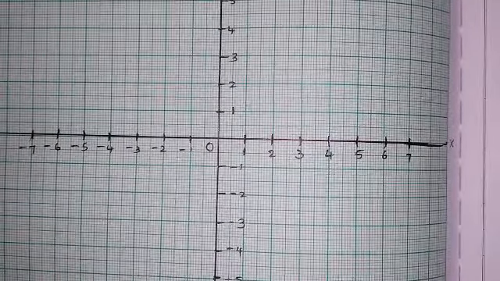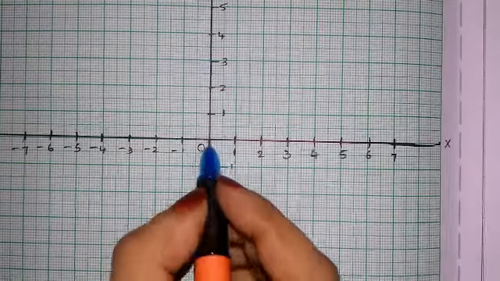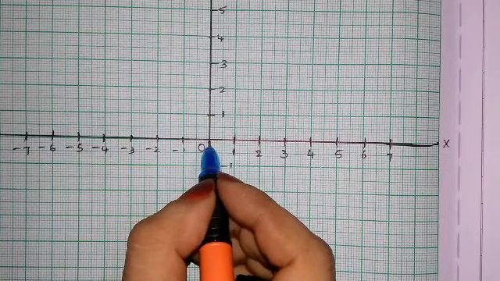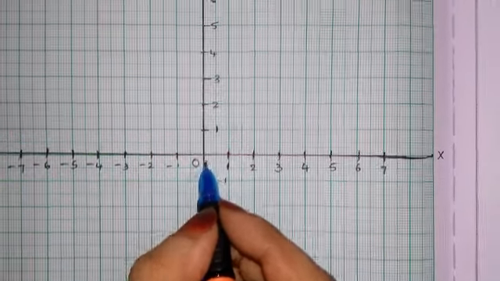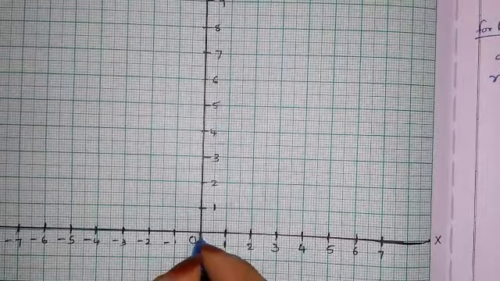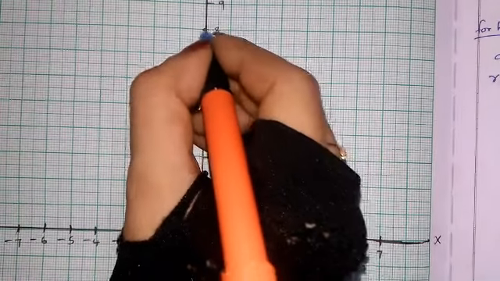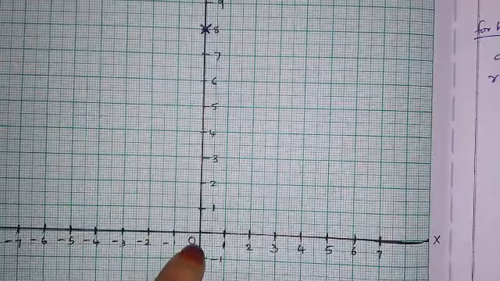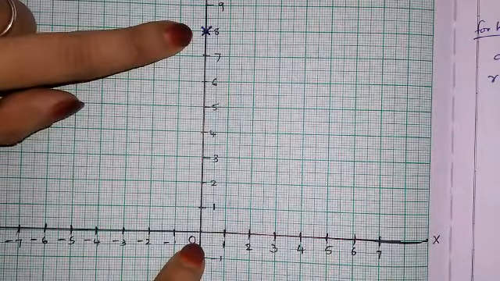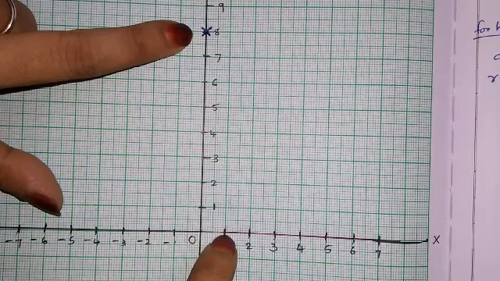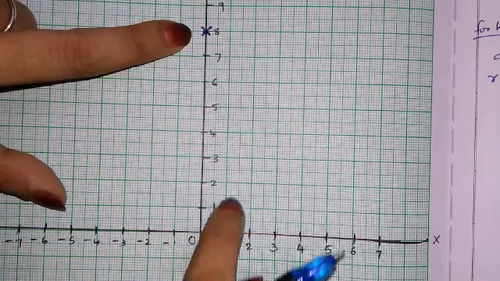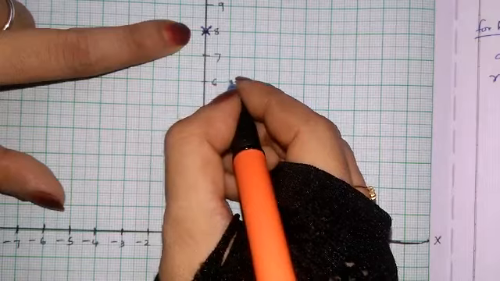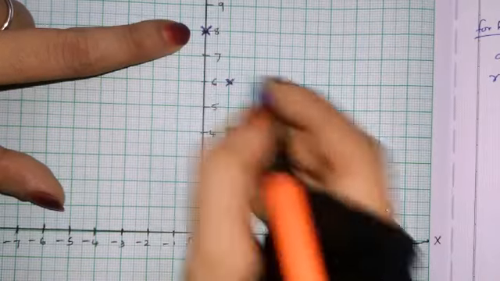First equation: x = 0, y = 8. X value is 0, y is 8, so it will come here. I'll draw this. X = 1, y = 6, here it will come.